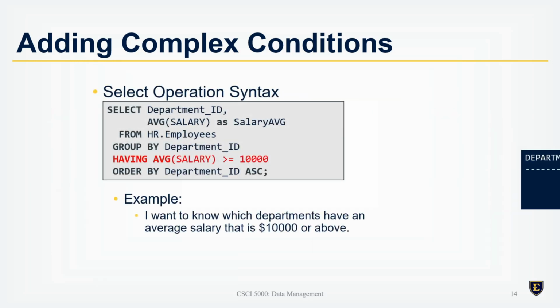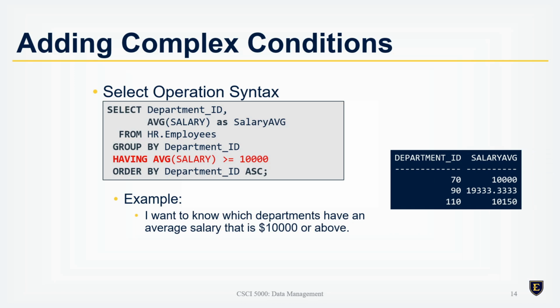Here's a more concrete example of having. You notice that we have department ID and the average salary, again from the employees table, grouping on department ID, and it says having average salary greater than or equal to 10,000. Notice that there are only 3 of those: 70, 90, and 110.